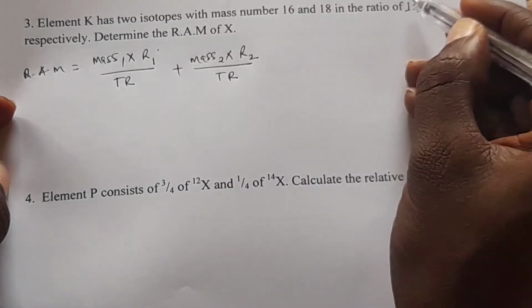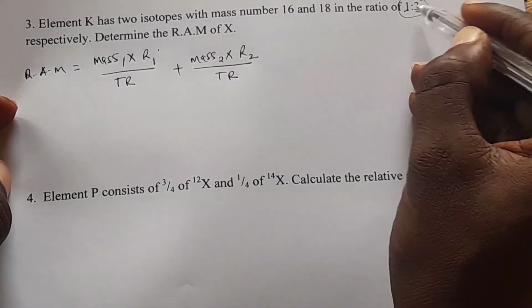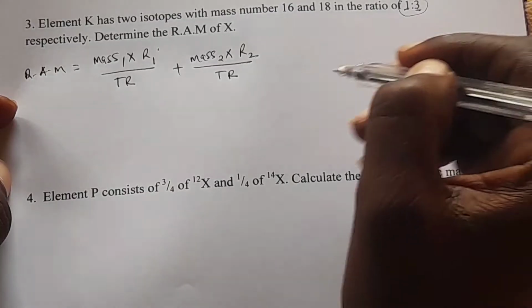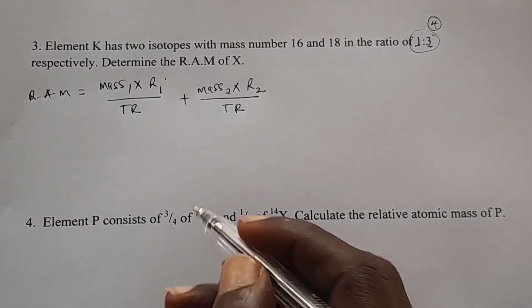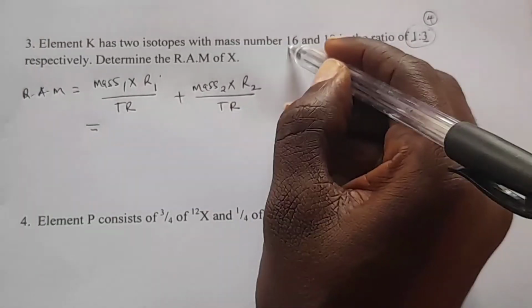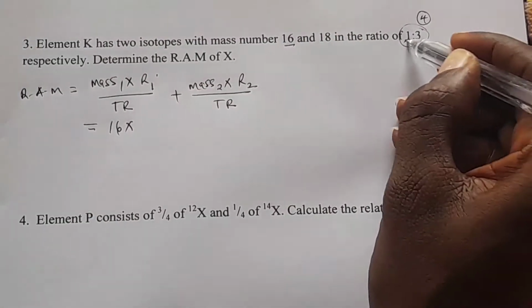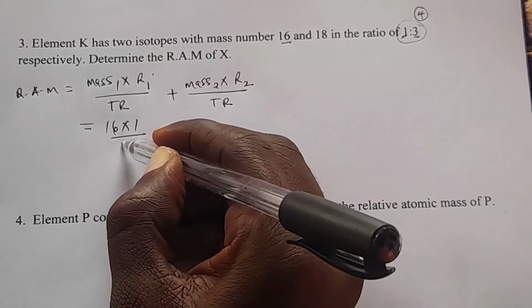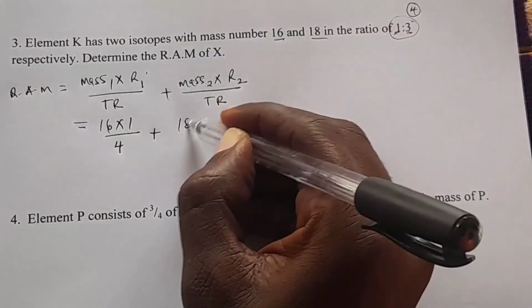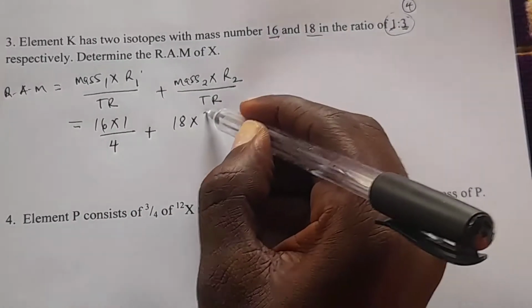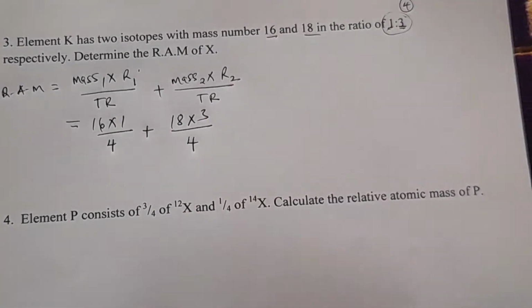So here we are having 1:3. What is the total ratio? It will be 1 plus 3, that is 4. The total ratio is 4. Okay. So let's see. Mass number 1 here is 16 times ratio 1, which is 1, divided by the total ratio, which is 4, plus mass number 2, which is 18, multiplied by ratio number 2, that's 3, divided by the total ratio, which is 4.